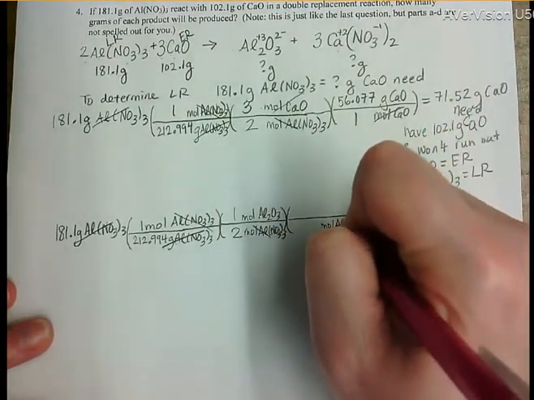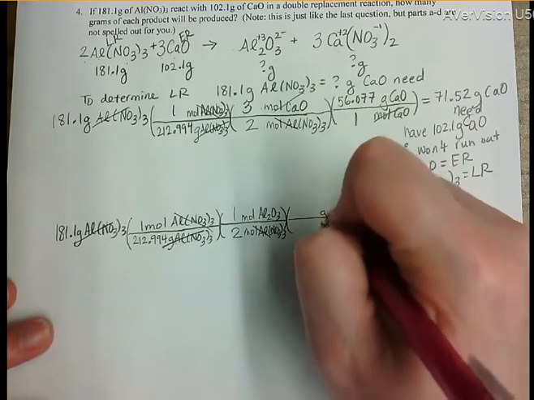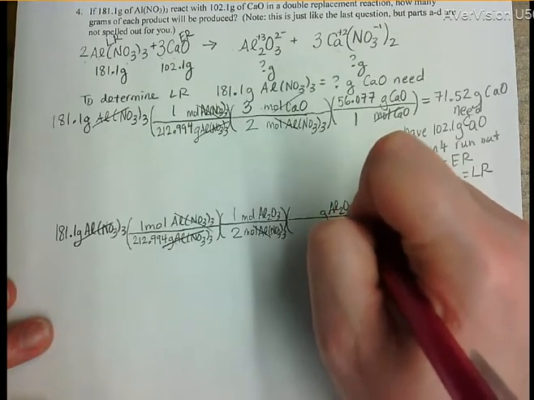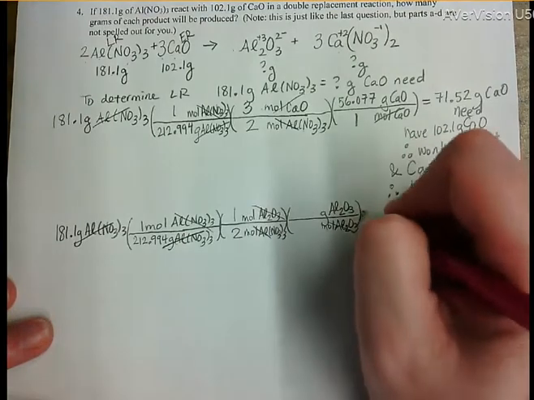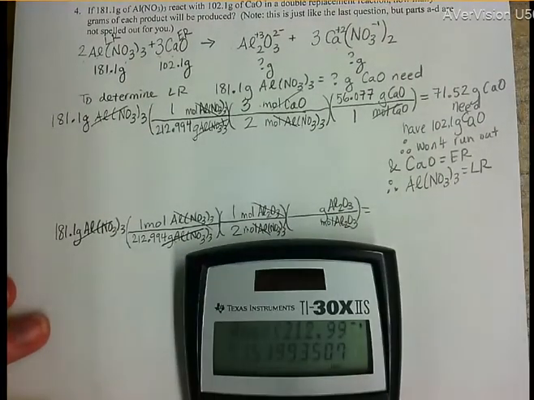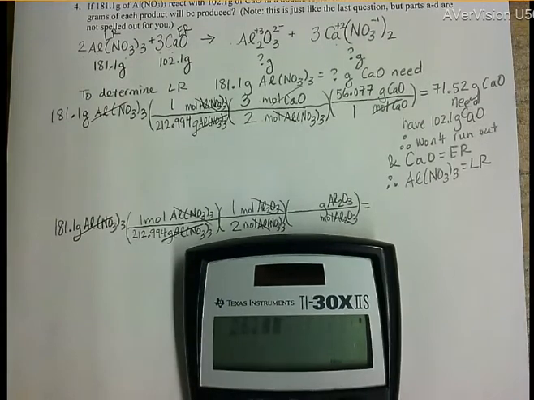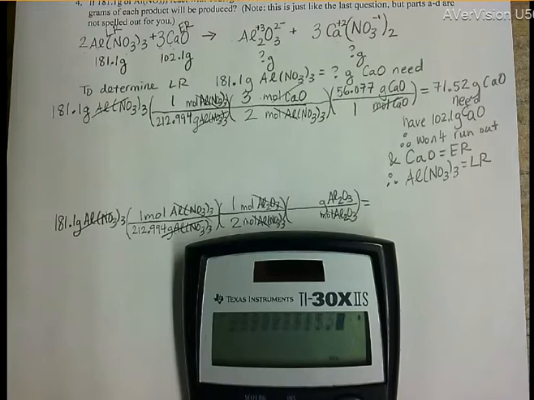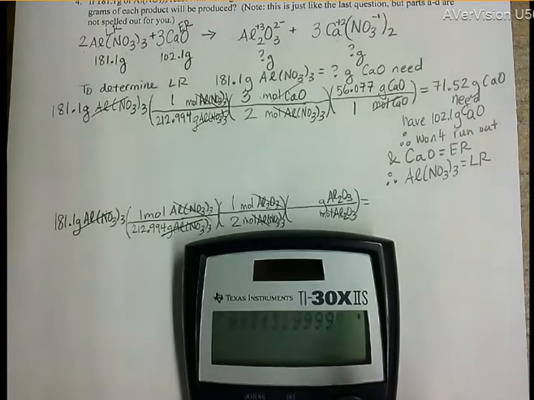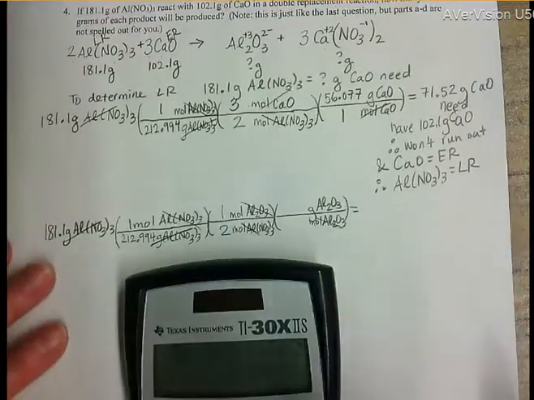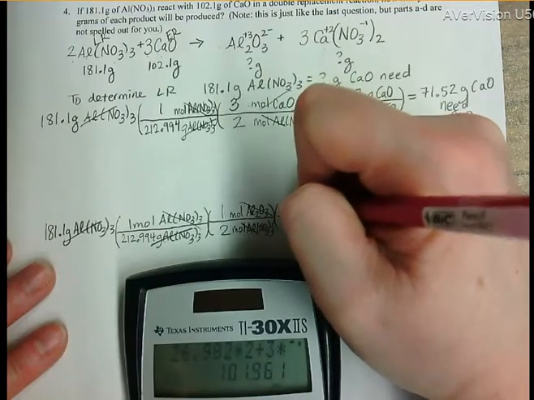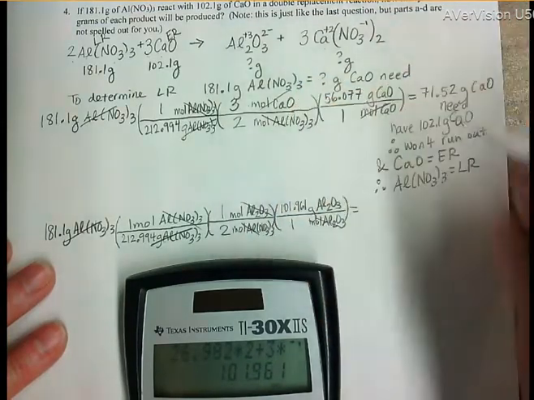Moles of aluminum oxide to grams of aluminum oxide using my molar mass. So I need to calculate that number. So aluminum is 26.982, and there's 2 of them, plus 3 oxygens at 15.999. And I get 101.961 grams to 1 mole.